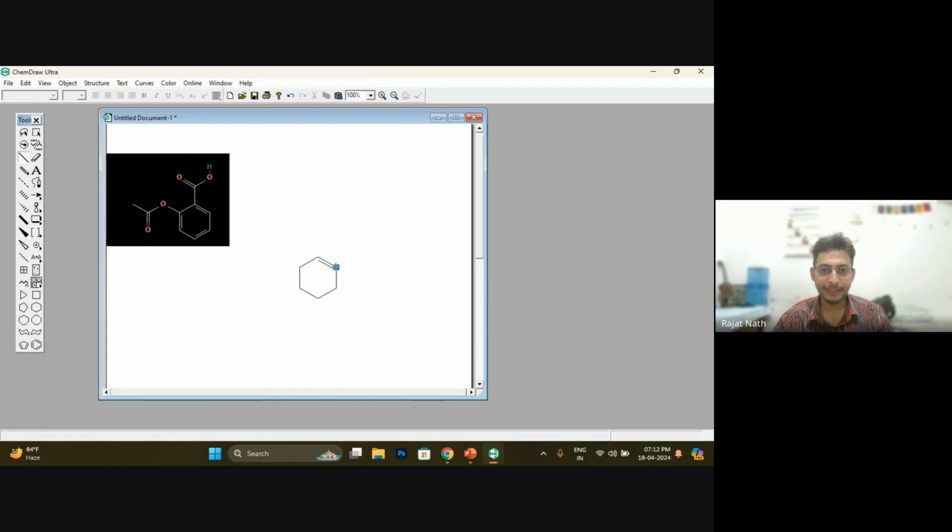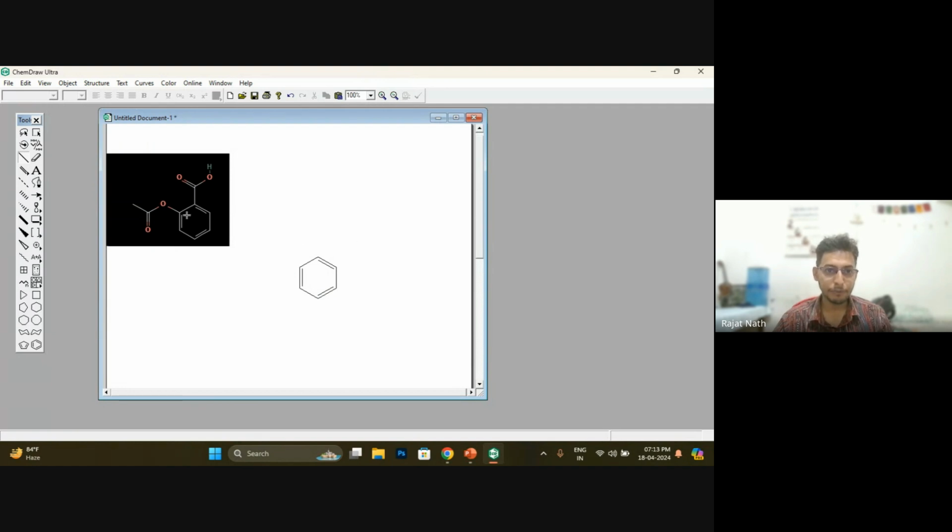If I click in the corner, it will be a single bond outside the benzene ring. I do not require this one, so I will click the eraser and erase this structure. So I will draw all the double bonds. The benzene ring is completed.